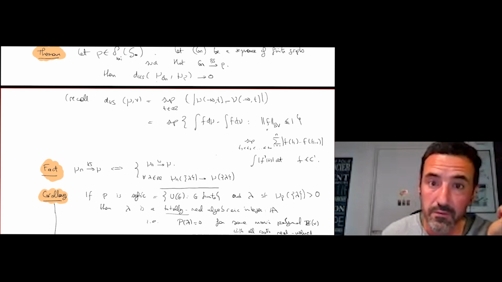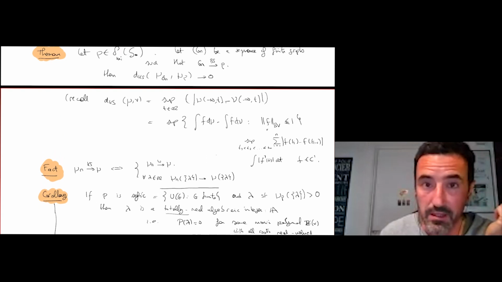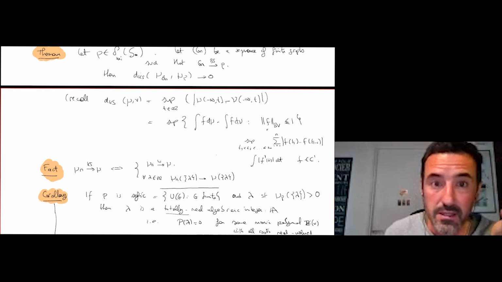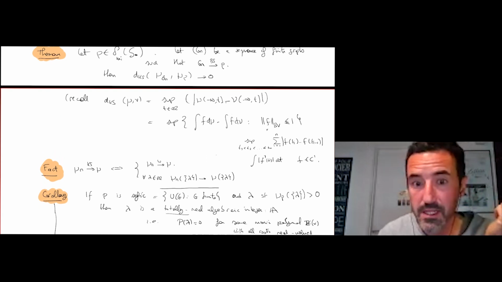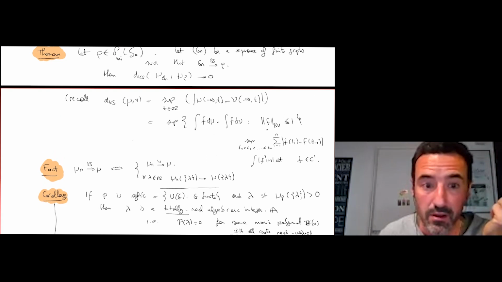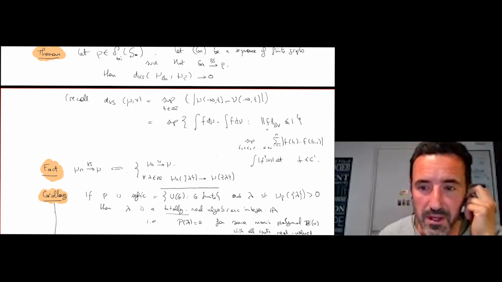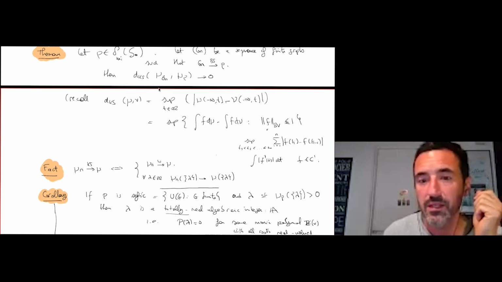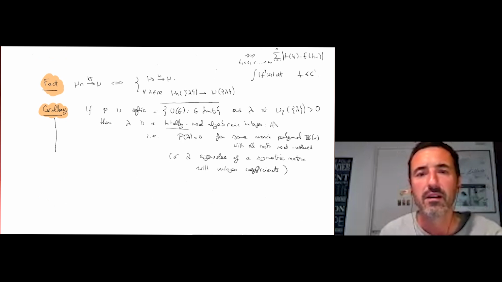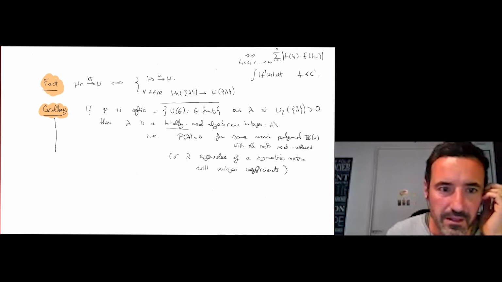The atoms of μ of Gn must be totally real algebraic integers. But since it converges in the Kolmogorov sense, an atom of ρ must be an atom of Gn, so it has to be a totally real algebraic integer. So that's a very nice fact.